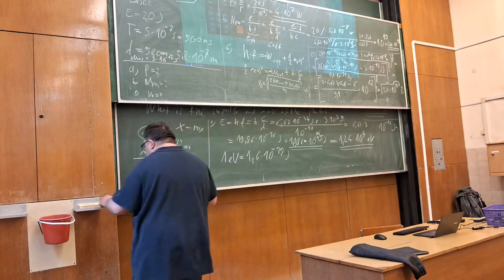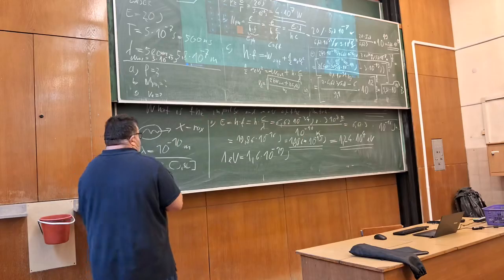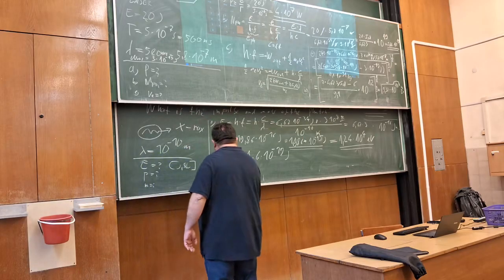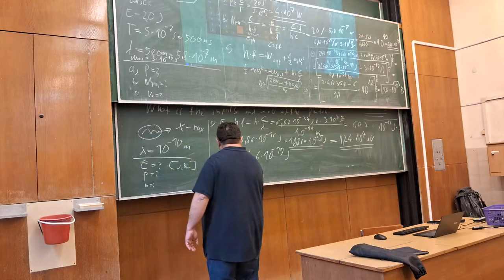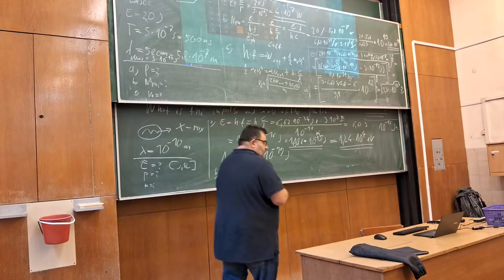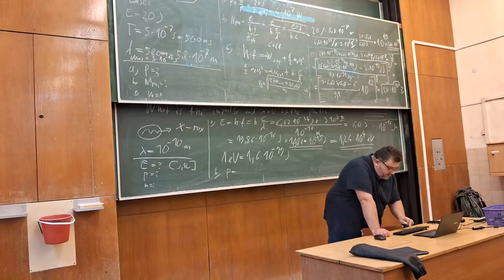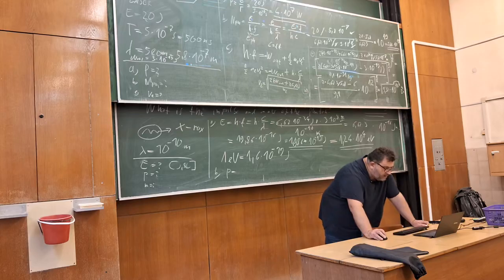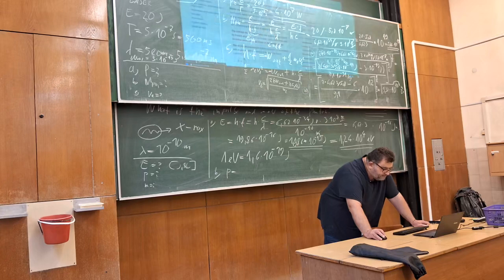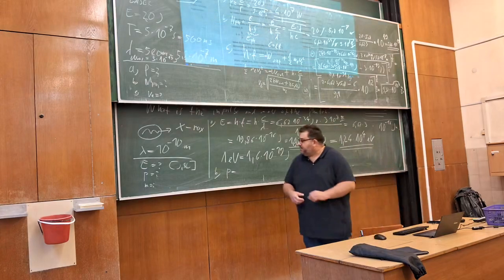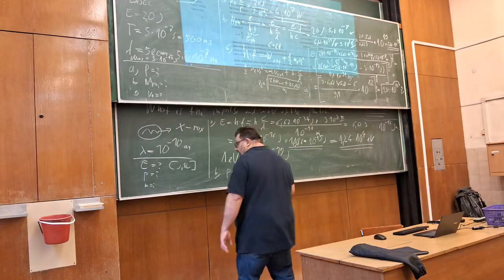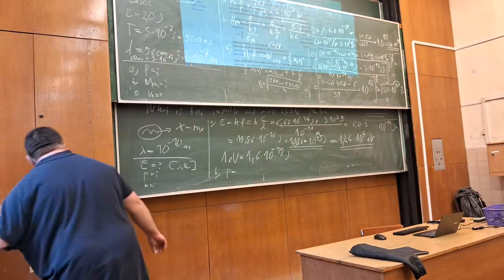The next one is what is the impulse of this? And here p comes from the de Broglie equation. That's here. So actually this is the opposite, but we'll do it.